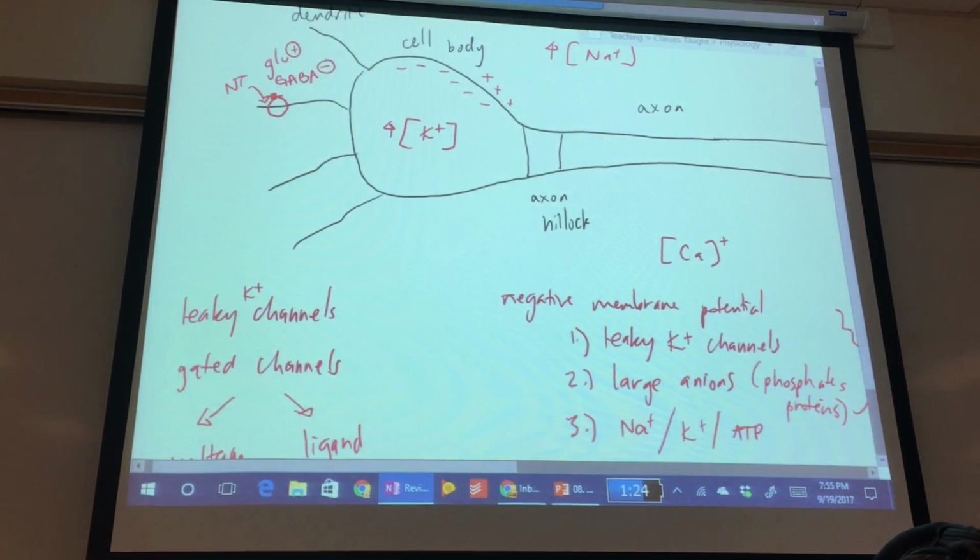So here we would see the voltage-gated channels. And what's so special about the voltage-gated channels? Well, any changes in the membrane potential would trigger these channels to open up.